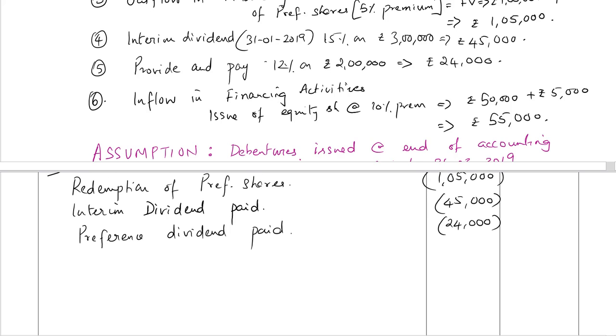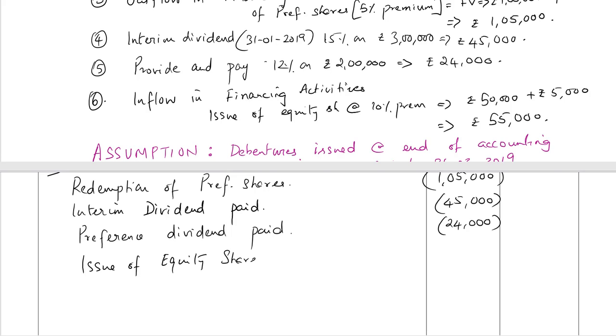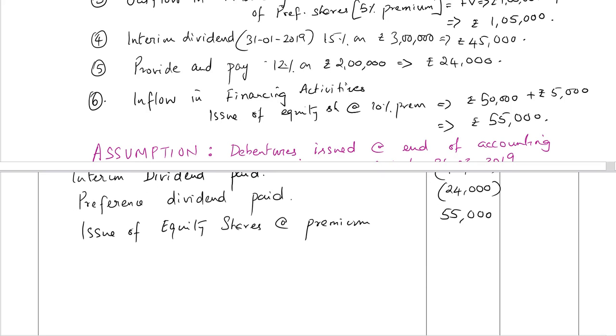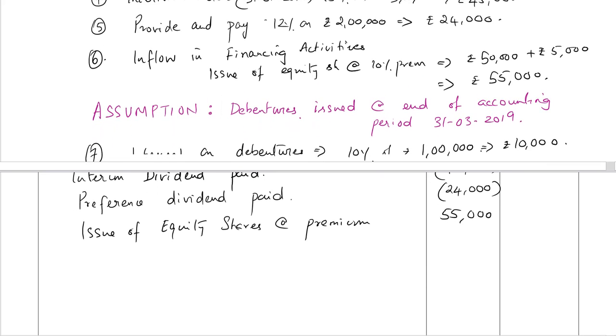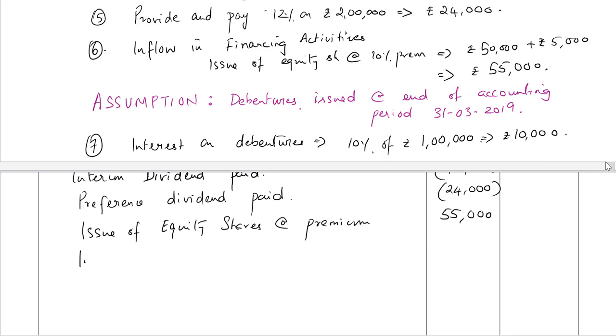There's an issue of equity shares at premium. Total inflow 55,000 rupees. Interest paid on debentures rupees 10,000 outflow.